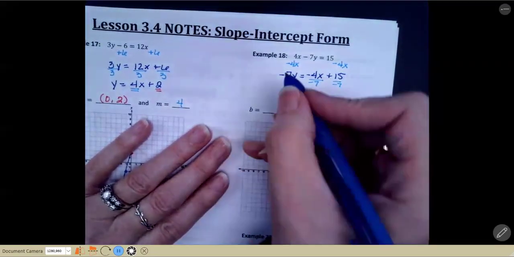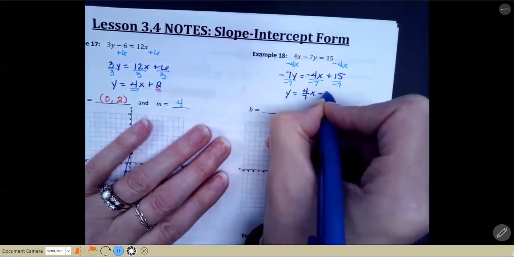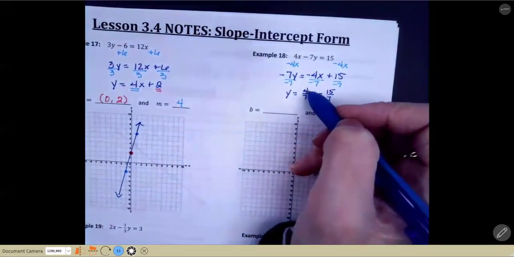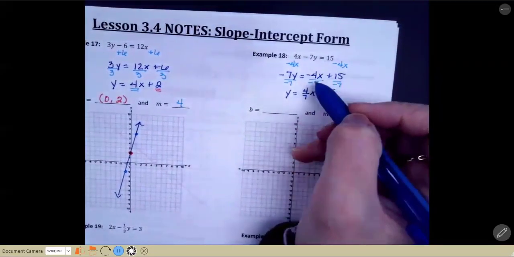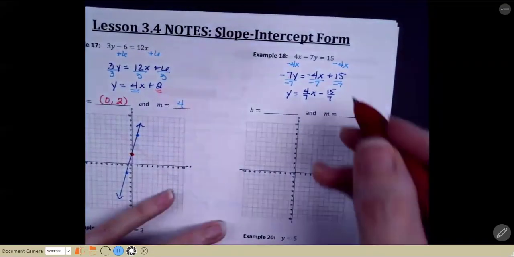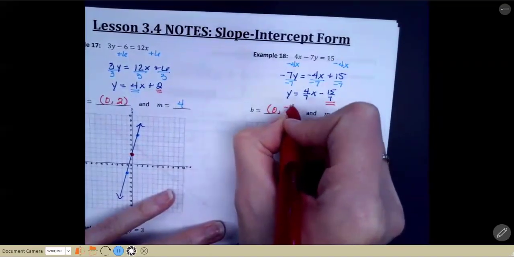And we end up with y equals 4/7 x minus 15/7. A lot of students get confused about why this is not a negative. It's not a negative because a negative divided by a negative gives you a positive. Okay. So our y-intercept is negative 15/7.